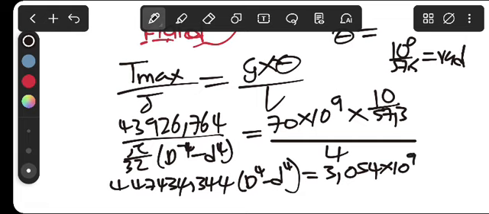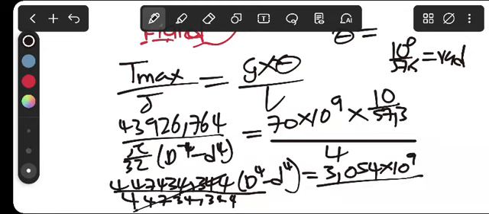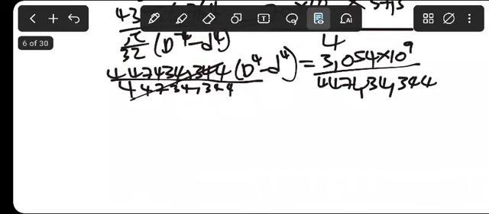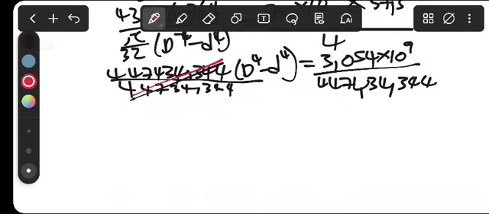All right, then I will divide by this on both sides. This and that will cancel. Here I'm left with d raised to the power 4 minus d raised to the power 4.